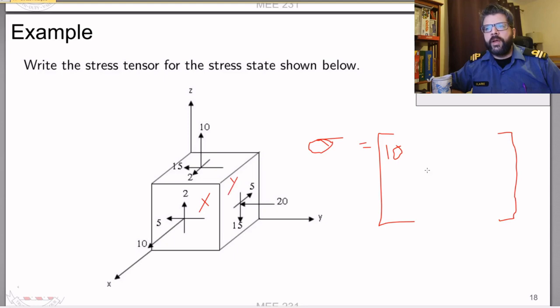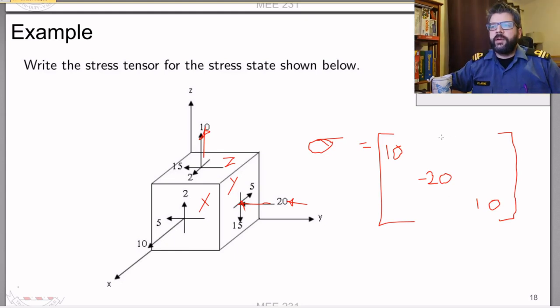Let's do our y face. We've got the y face here, and the force acting parallel to y is 20. That's a -20 because it's pushing inwards towards the cube instead of pulling away from it. So -20. And then z, again, the z face here in the z direction, that'll be 10. So we got that. Let's fill in the others.